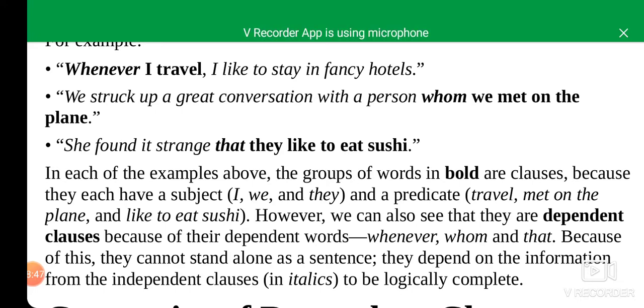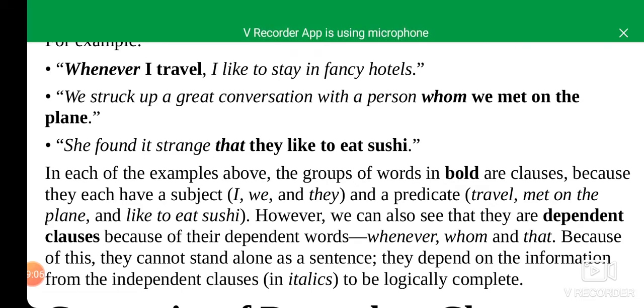That is a complete sentence, but that's a dependent clause. If we do not read the previous sentence, we struck up a great conversation with the person whom we met on the plane does not mean anything without the help of the previous sentence.